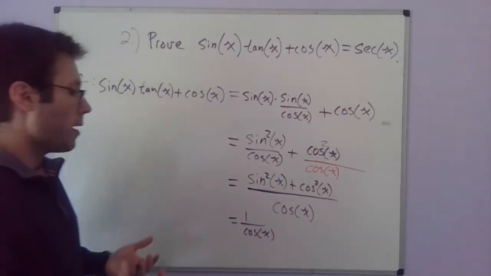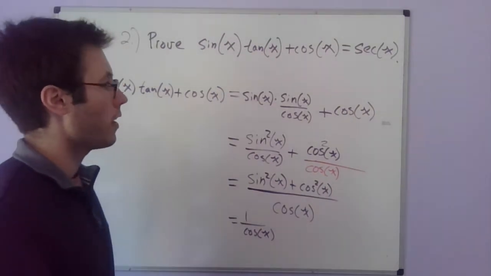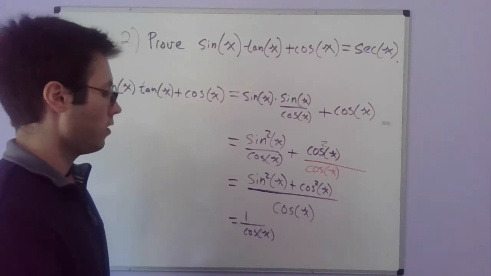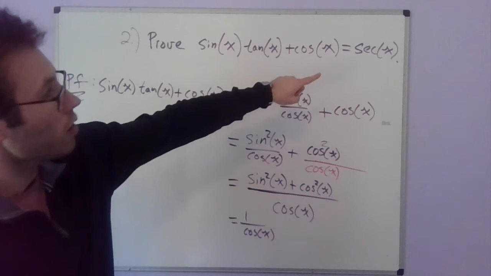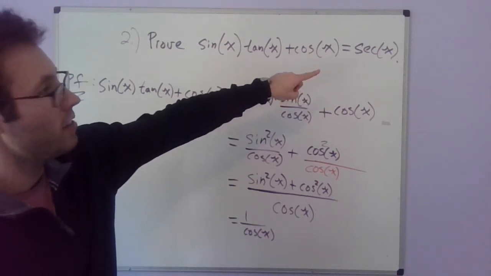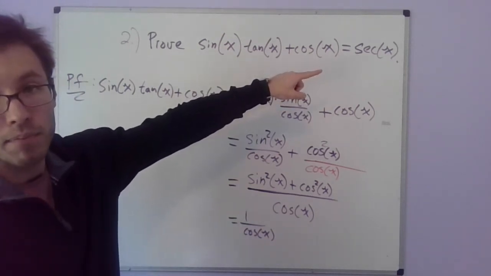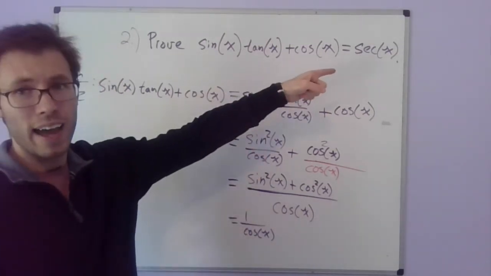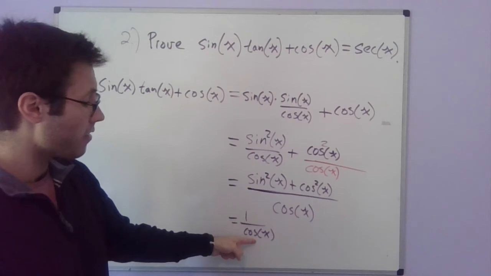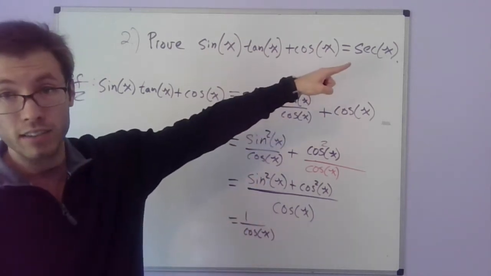Now at this point in time, I'm like, well, we simplified this thing pretty good. I look up top. I see my secant x up top, and I start thinking in my head, well, how can I make this look more like that? Well, 1 over cosine x is equal to secant x.